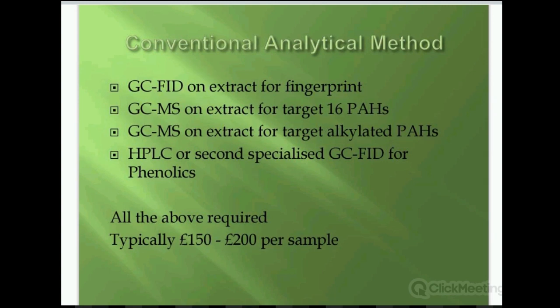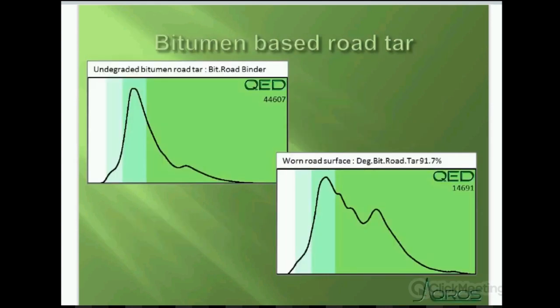Also within coal tars you'll find other markers, and you can do that again with GC-MS, specialized GC-FID or HPLC. But put all those analyses together, plus the interpretation, and you're looking at between £150 and £200 per sample using the conventional lab method. And if you do spend that amount of money, they always get the right result. Yeah, they are good when they want to be.